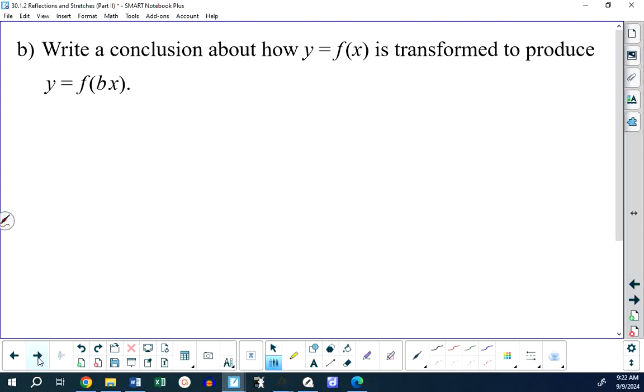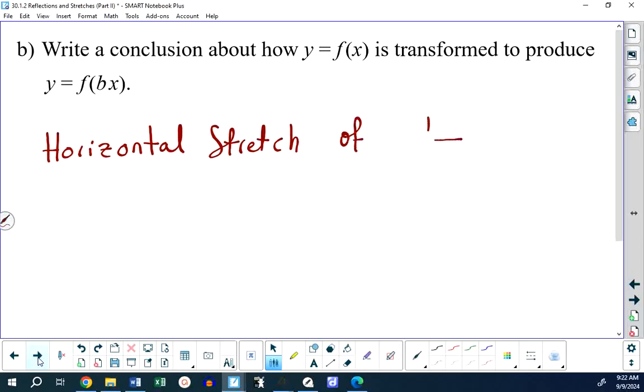The answer is, and I'll abbreviate this just slightly, there will be a horizontal stretch of 1 over the absolute value of b applied to f of x.